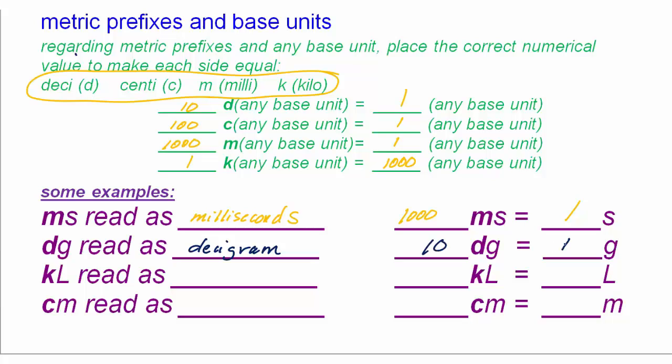There's 10 decigrams in a gram. A kiloliter. In 1 kiloliter, there's 1,000 liters. A centimeter. 100 centimeters in 1 meter. So be familiar with these metric prefixes and how they relate to the base unit.